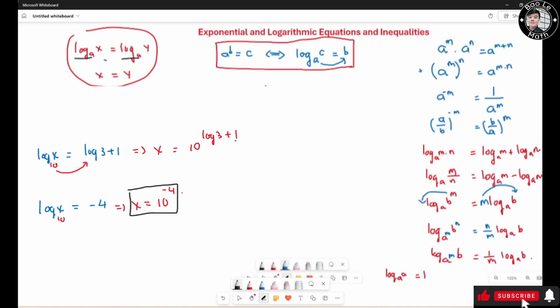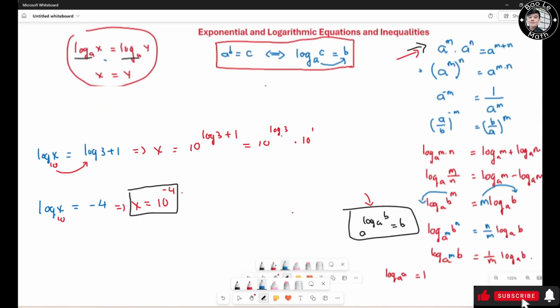Now I need to simplify this one further. So I'm going to apply the formula right here. I need to split this one. So this guy turns out to be 10 to the log 3 times 10 power of 1, right? Now I'm going to apply the formula right here. If I have a raised to the log base a of b, and then this guy turns out to be b.